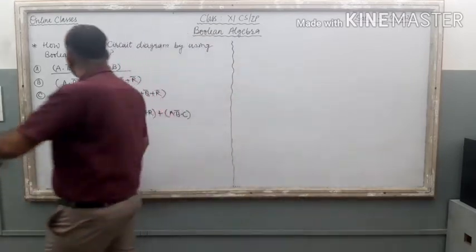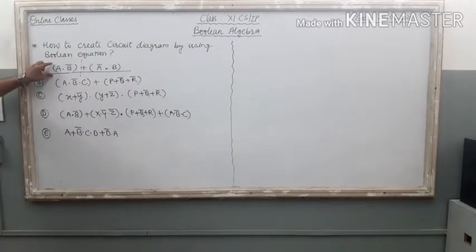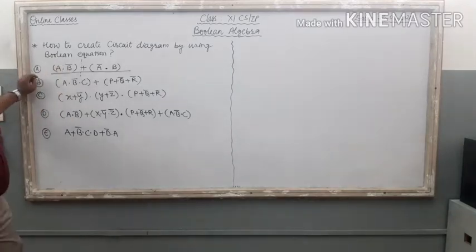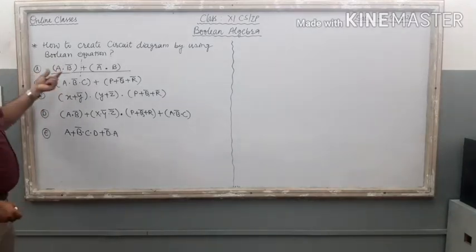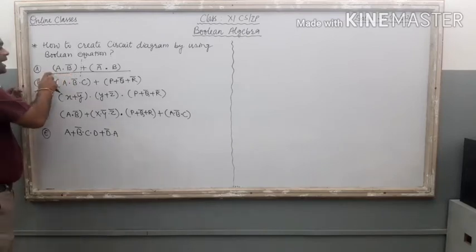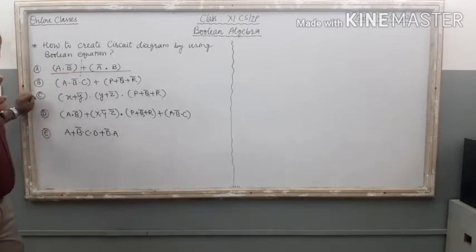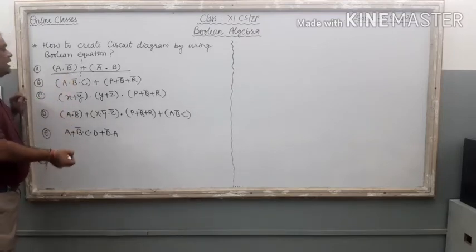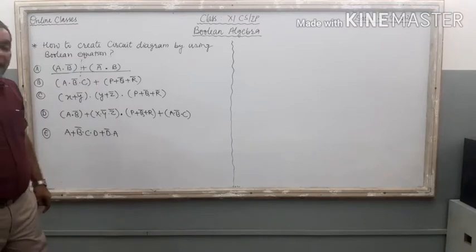Now take the first part only, a dot b bar. Which type of gate is there in this part? A and B, two input signals, are joined with the dot. Dot means AND gate.